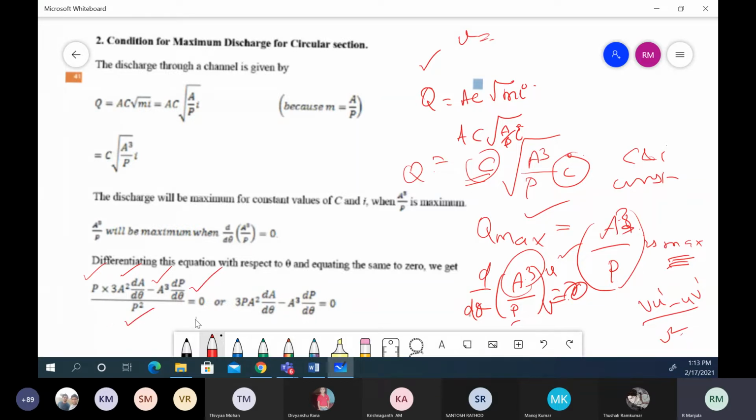Now equate it to 0. So bringing this to the right hand side, the left hand side is 3PA square dA by d theta minus A cube dP by d theta equal to 0. Now substitute for perimeter and area.